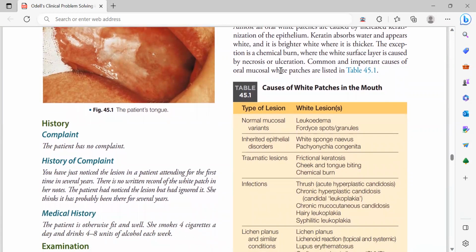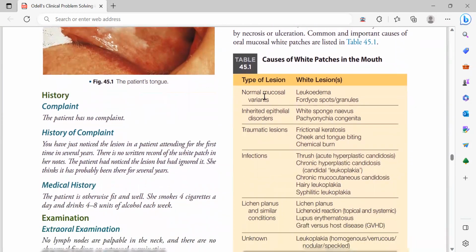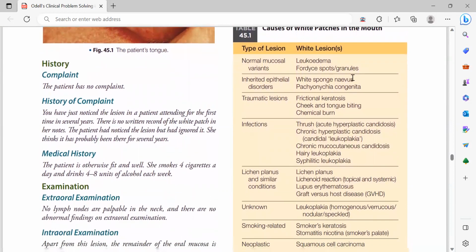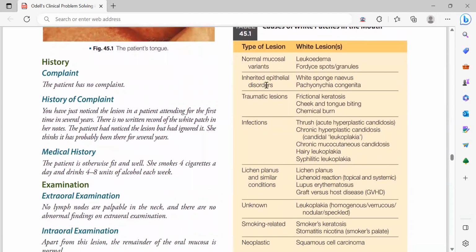Common and important causes of white patches are, firstly, it could be normal, which we also read in the TG: the normal variants could be leukoedema or Fordyce spots or Fordyce granules. Then the inherited epithelial disorders that run in families, which are white sponge nevus or pachyonychia congenita.